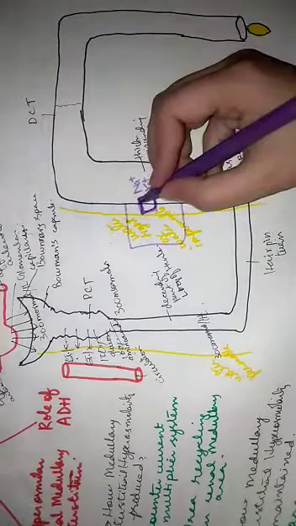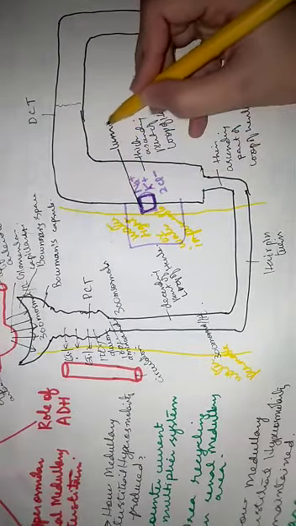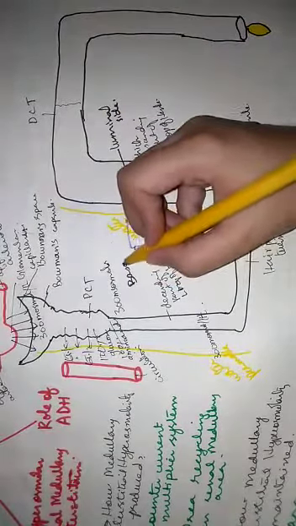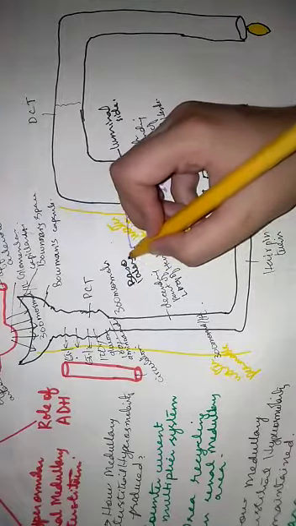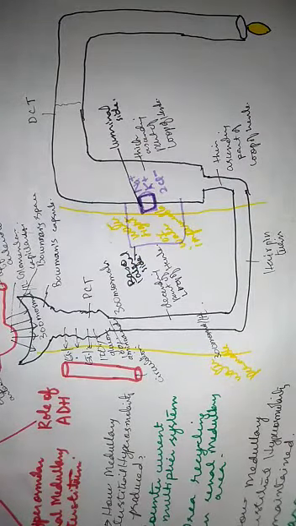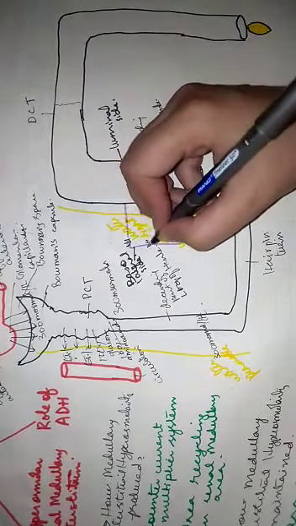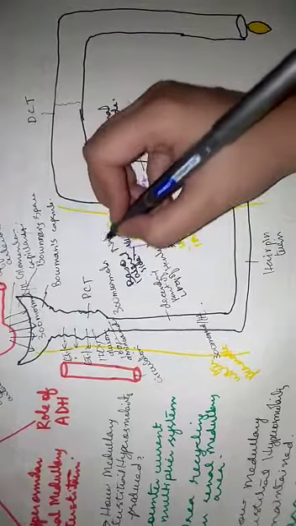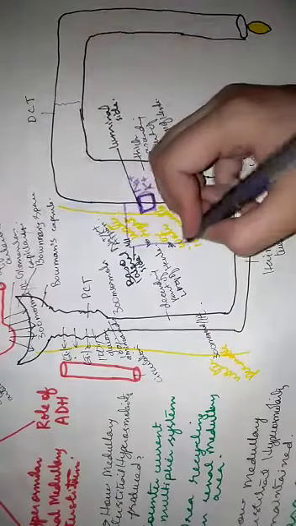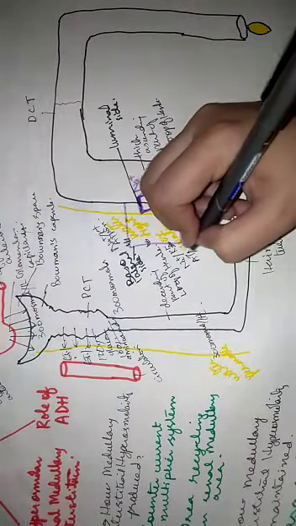This one is the luminal side. This is the basolateral side. On the basolateral side, here are present sodium potassium ATPase, which are ATP dependent, energy dependent ATPase.